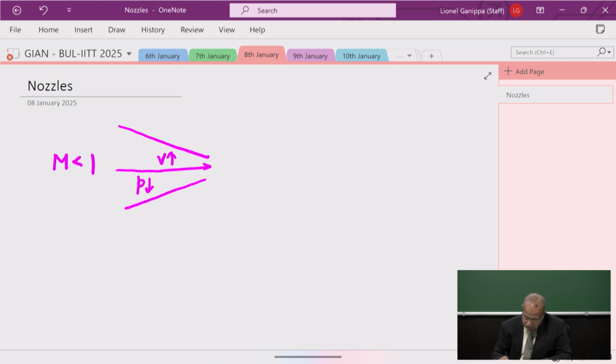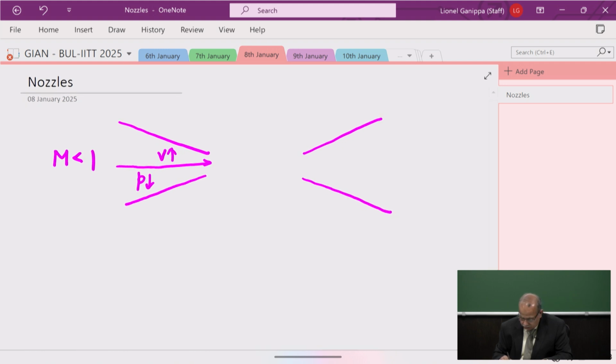When a subsonic flow enters into a diverging geometry, in the flow direction, the velocity decreases and the pressure increases.